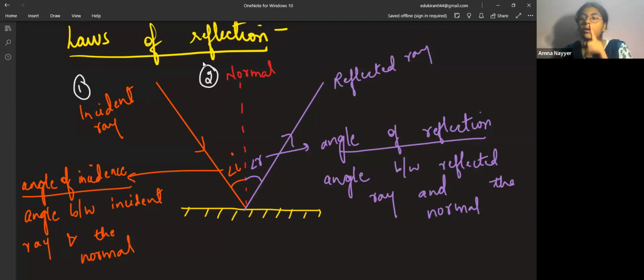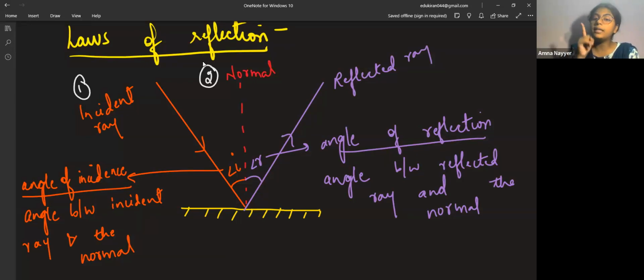But the normal is not an actual line through which you can see and check that yes, the normal is being formed. It's a hypothetical concept just for our reference, so that we are able to take the incident ray properly, the reflected ray properly, all the angles properly, and all the laws are abided. So that's why the normal is not an actual ray.